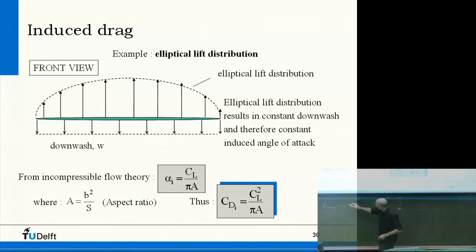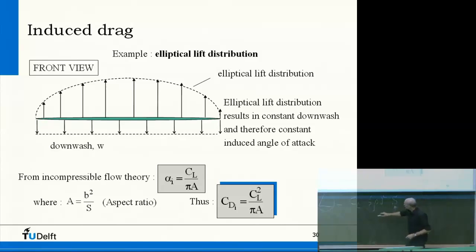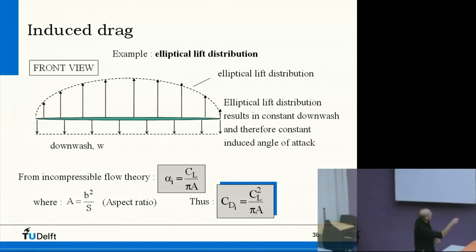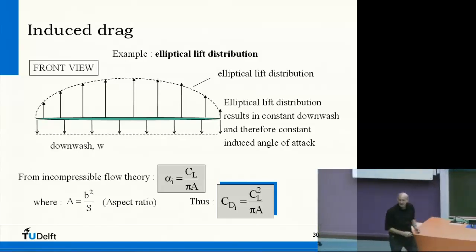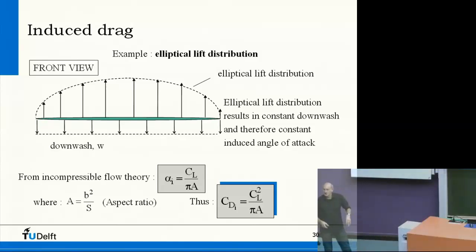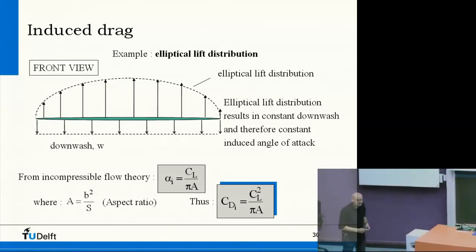So if you want to have a certain distribution of lift in span-wise direction, then you can certainly do something with the CL, so a certain airfoil, but also you can play around with the S, so with the chord. So that's why you can shape your wing in such a way that you will have this elliptical lift distribution like here, and then over the entire span of your wing, the downward pointing velocity is constant. And in this case, when this is constant, then we have the lowest induced drag.